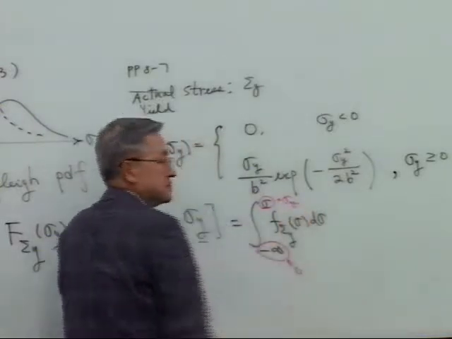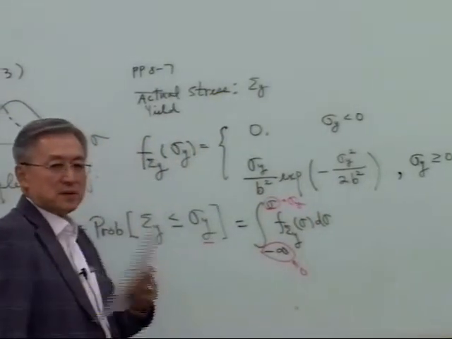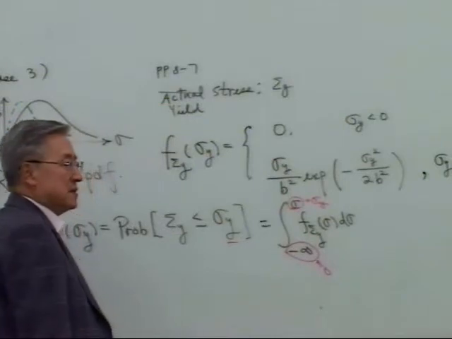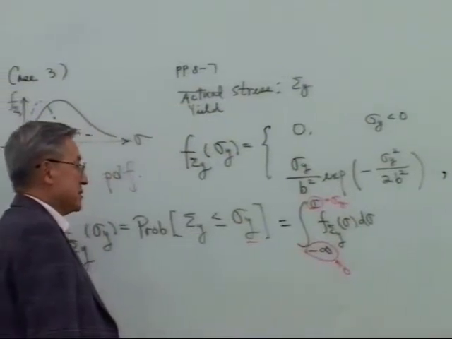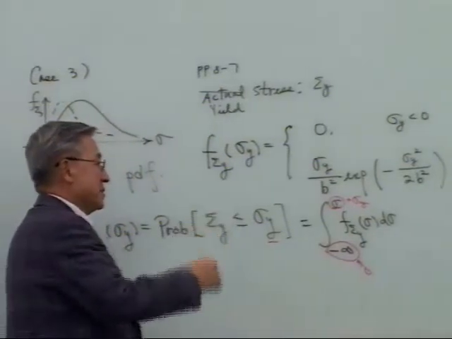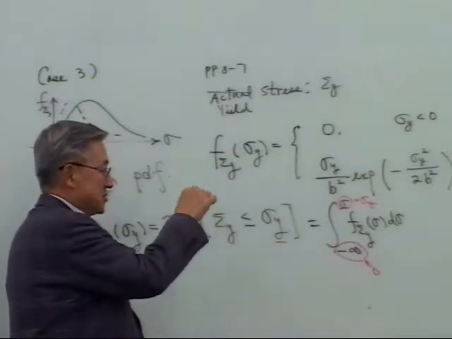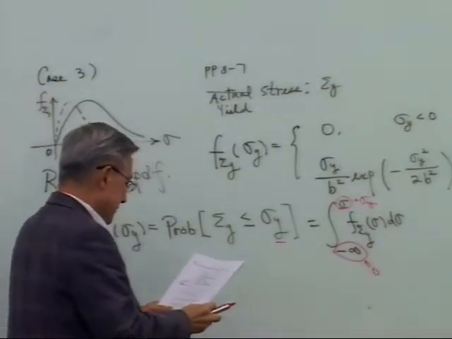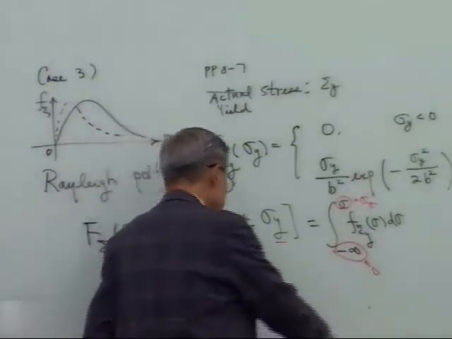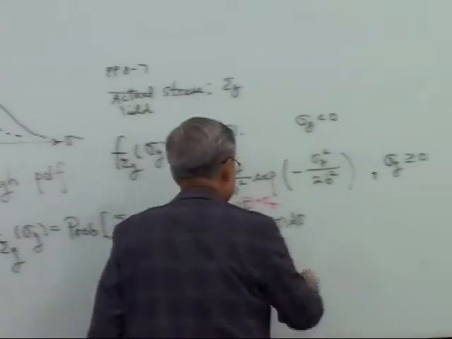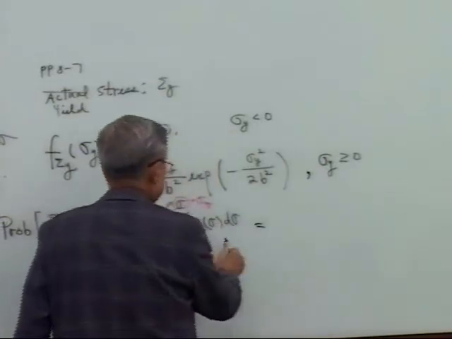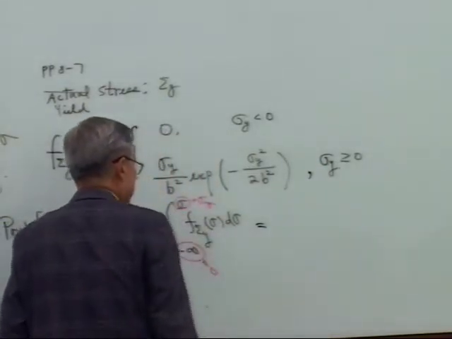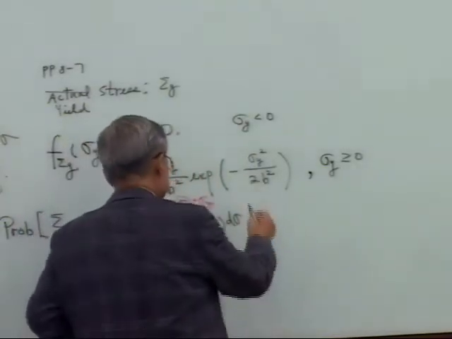some correction, because all the notes you have, I sat down and typed up using this book, that book, and it's like that. So we have the Rayleigh probability density function up here.